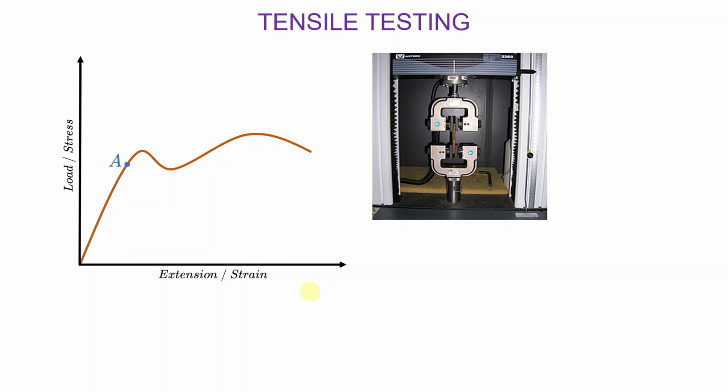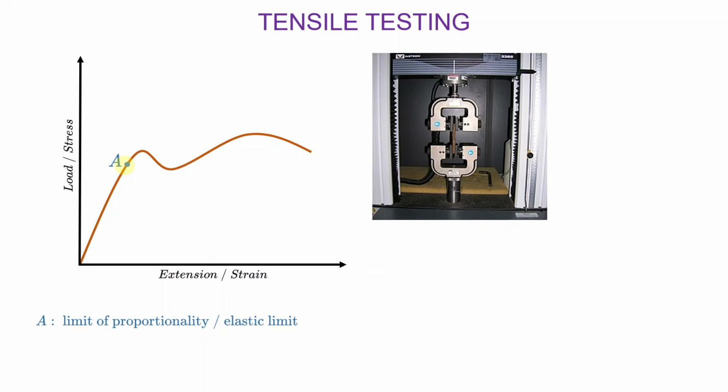And in this graph, you have some points that are points of interest. The first one is what I will call here point A. And point A is the limit of proportionality, or the elastic limit. In other words, here you have a straight line, okay? From the origin to point A, you more or less have a straight line, okay?